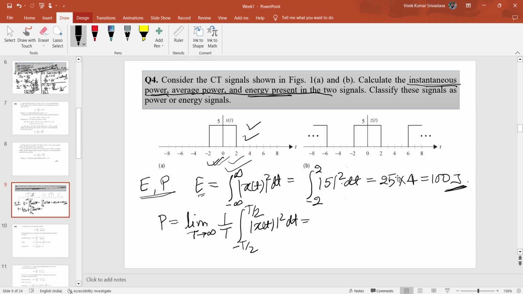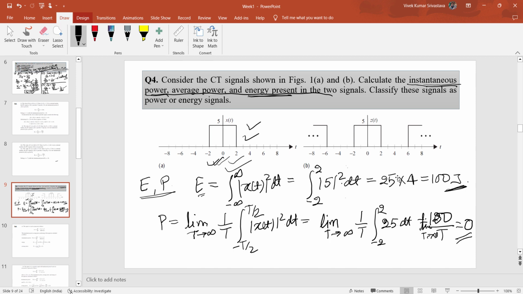So we will use limit T tends to infinity, 1 by T, integral from -2 to 2 of 25 dt. So this will be equal to 100 by T, where limit T tends to infinity. Once you put the limit T tends to infinity here, this power becomes 0.